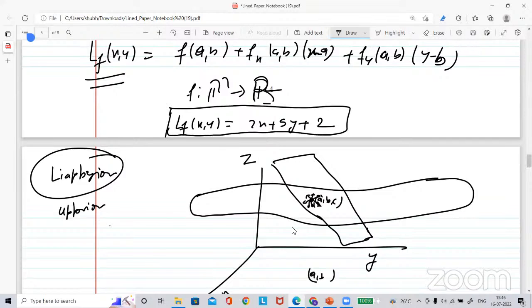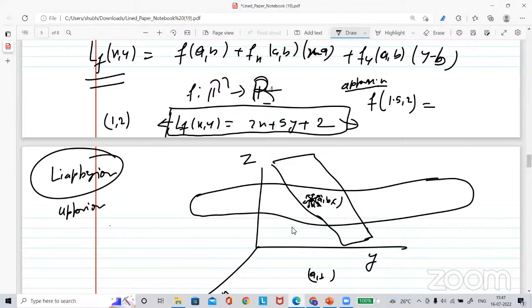Then I ask you to find the approximate value at the point (1.5, 2). What will you do?